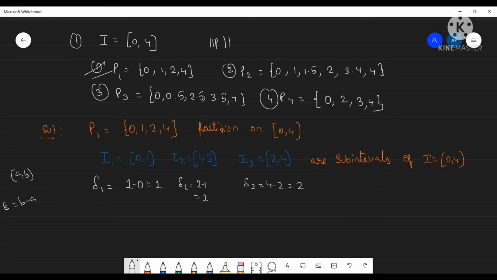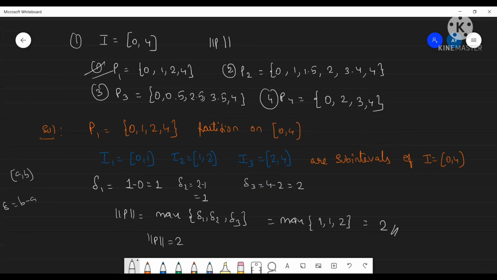Now what is norm P? Norm P is equal to the maximum of delta 1, delta 2 and delta 3. So what is the maximum of 1, 1 and 2? It is 2. So norm P is equal to 2.